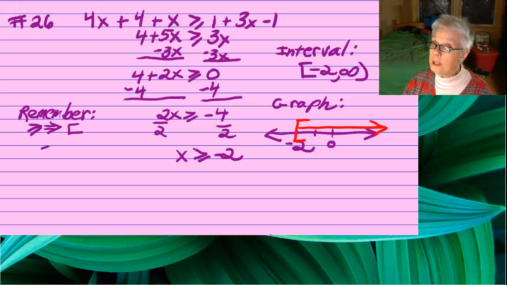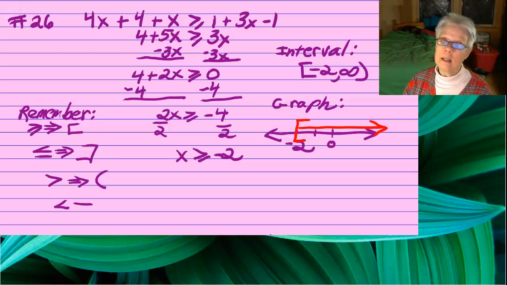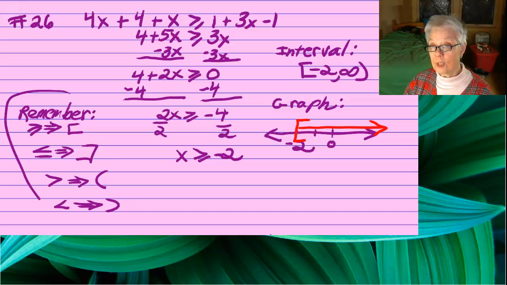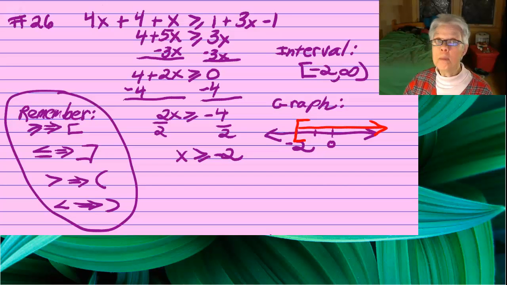So greater than or equal to takes a bracket, and less than or equal to takes a bracket, while strict inequalities like greater than or less than take parentheses. Do remember that.